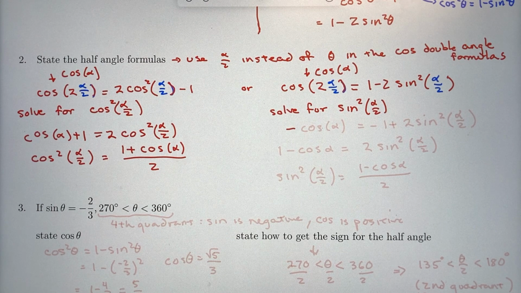Subtract 1. No, I'm going to switch all the signs first. I'm going to say negative cosine of alpha is negative 1 plus 2. That way when I divide by 2, I don't have to worry about it. Switching the signs again. Okay, so add 1. And then divide by 2.